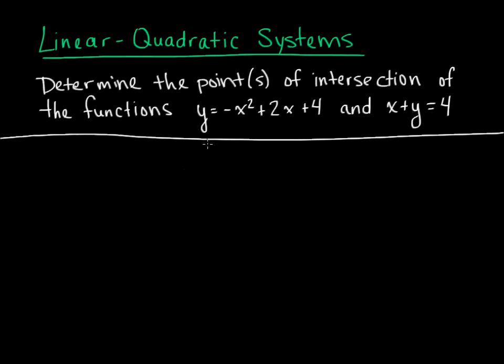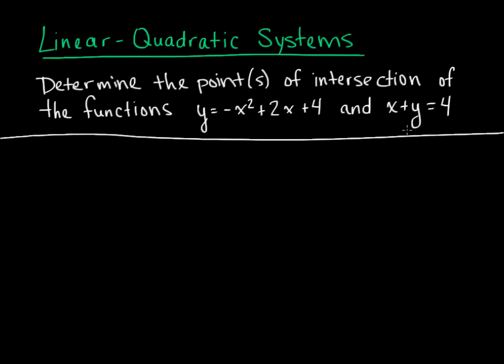All right, so let's take a look at this question. Now, in grade 10, you looked at solving linear systems in 3 different ways. You did it graphically, using substitution, and using elimination. Now, with linear quadratic systems, the method that we usually want to focus on is using substitution. It becomes a little bit trickier to use elimination due to the fact that the quadratic equation has an x squared in it, and the linear equation does not have an x squared term.